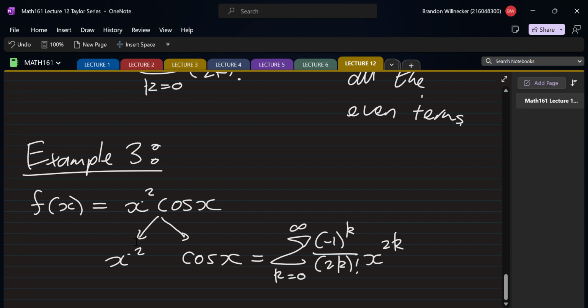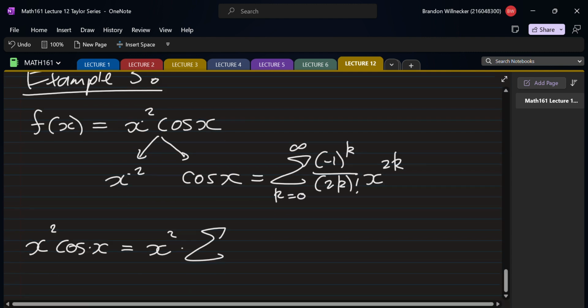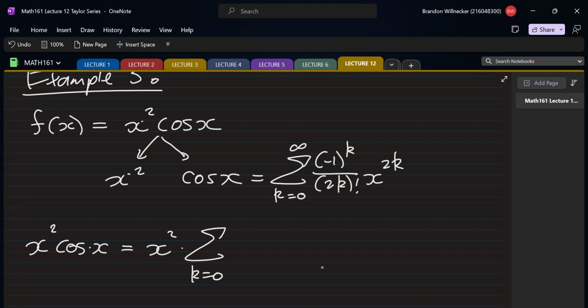So let's take the product of x squared, not with cos now, but with the Taylor series. x squared cos x will be equal to x squared times the Taylor series for cos, the sum from k equals 0 to infinity of minus 1 to the k, over 2k factorial, x to the 2k.